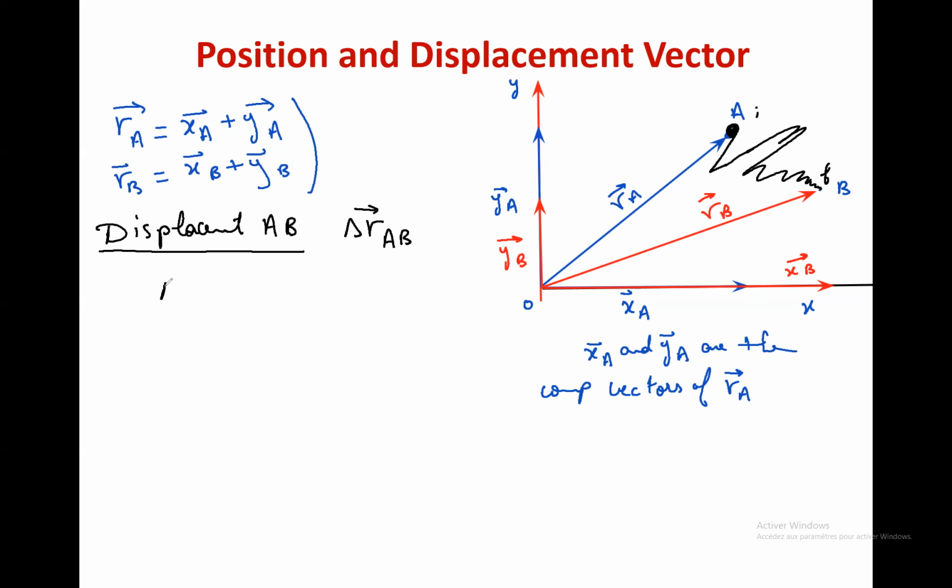As definition, delta R equals the final position vector minus the initial position vector. It's important, this equation.